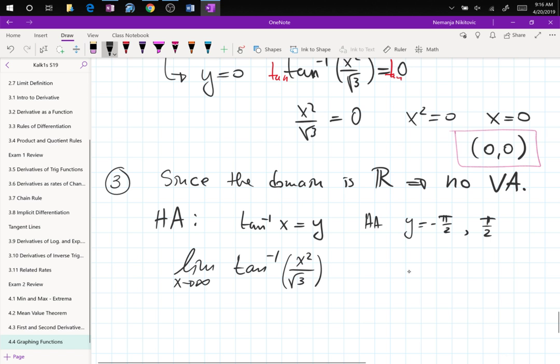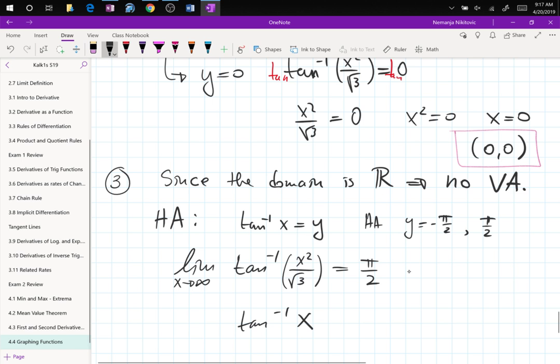well, this is going to behave the same way, right? It's just going to be inverse tangent of infinity, which is the same as the one above. So it's going to be equal to pi over 2 again, because whether you send tangent inverse of x to infinity or you send x squared to infinity or anything like that, they always behave the same at infinity, because you're only looking at the tangent inverse of infinity.